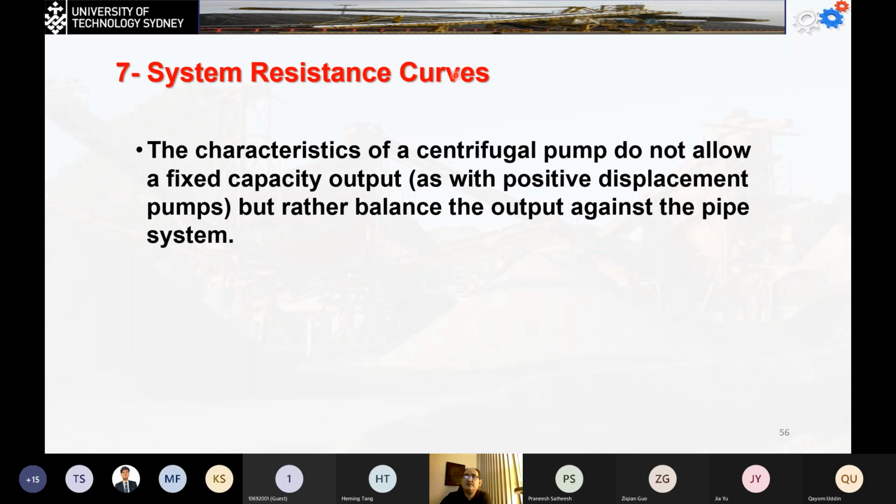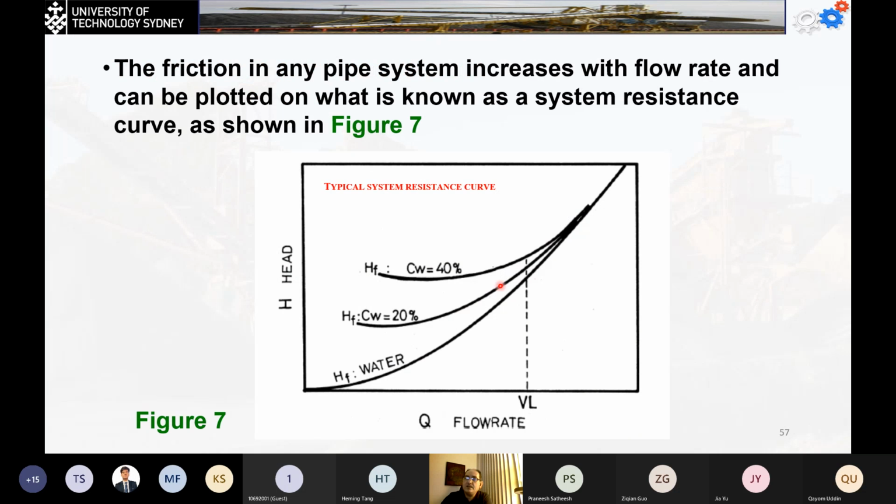Now, the system resistance curve should also be considered. The casing of the centrifugal pump does not allow for a fixed capacity output, but rather balances output against the pipe system. This is an example of the head and the flow rate, and this will be a typical resistance curve, depending on what percentage of solid we have in the liquid.